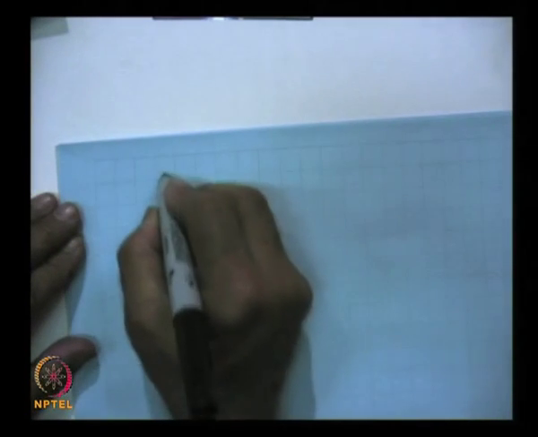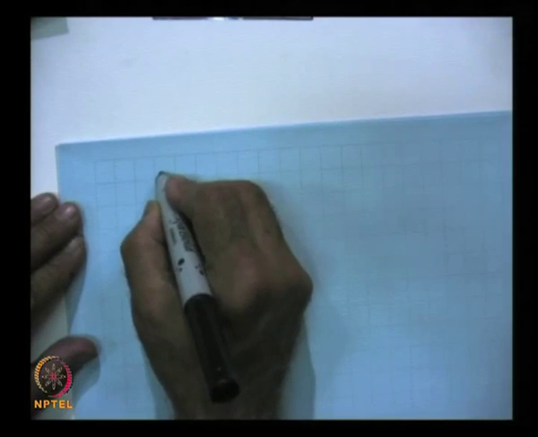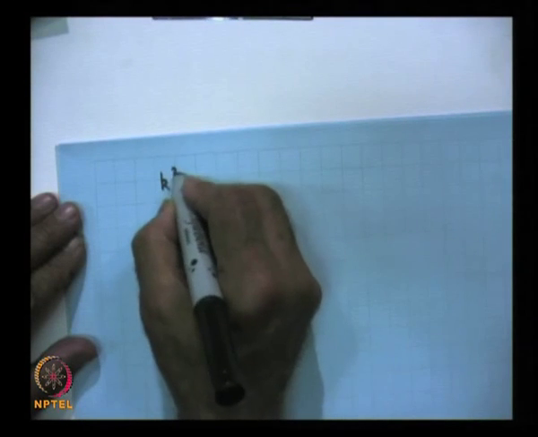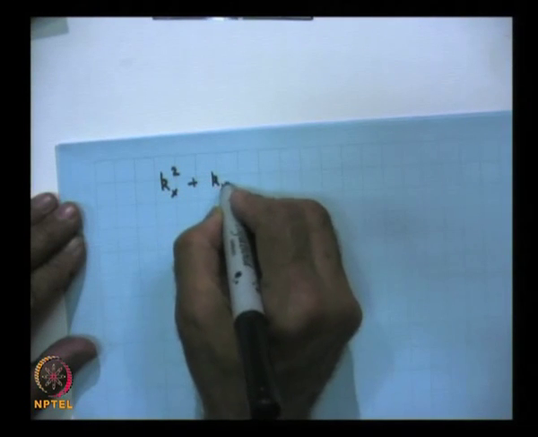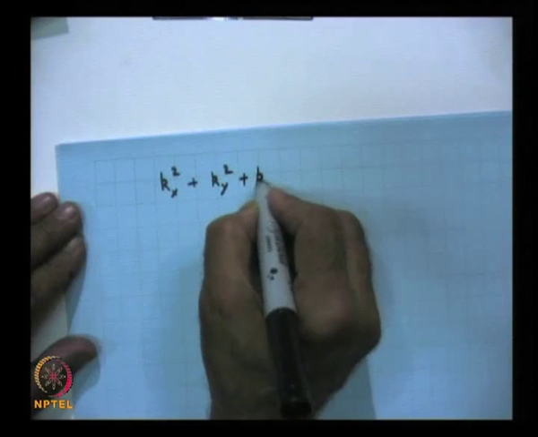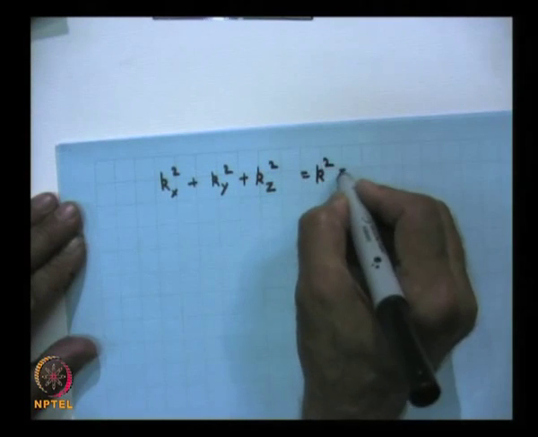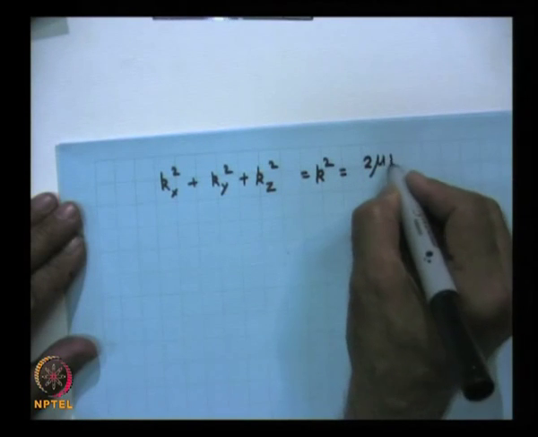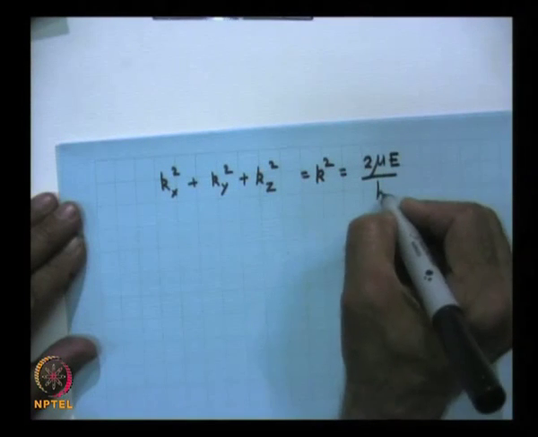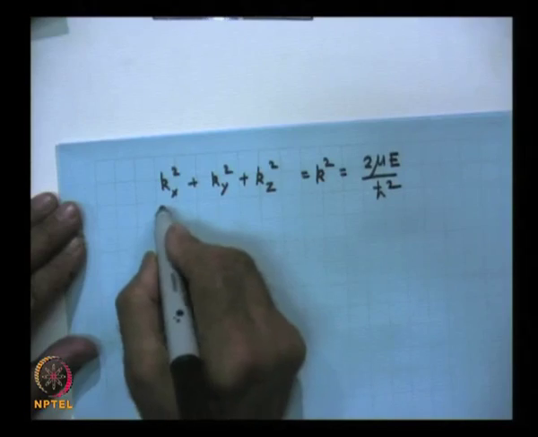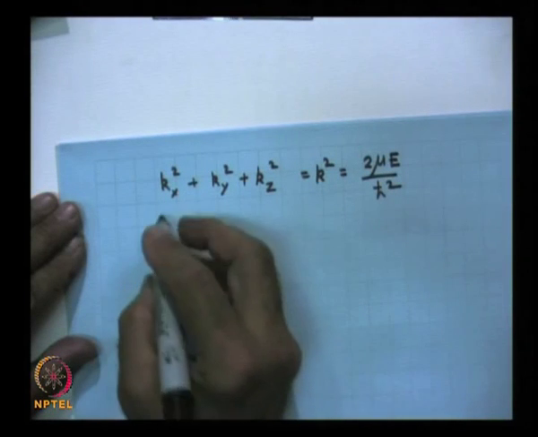So, if you recollect, we had k x square plus k y square plus k z square was equal to k square, which is equal to 2 mu E by h cross square. Now, we find that k x takes discrete values.